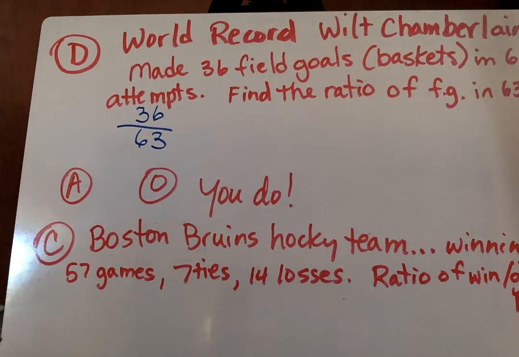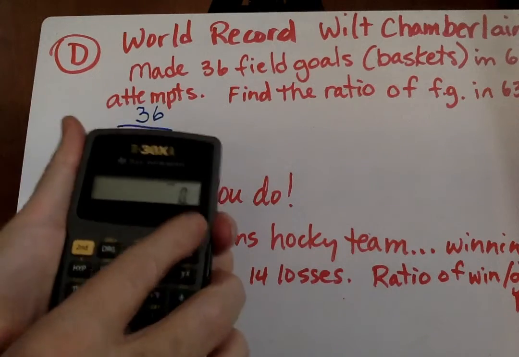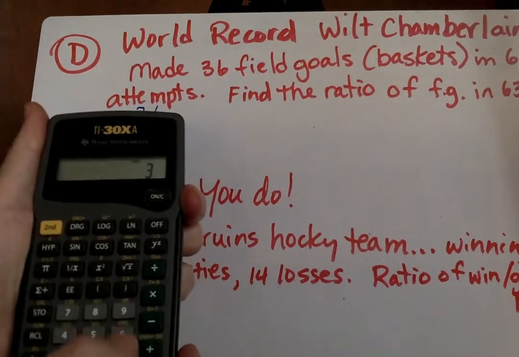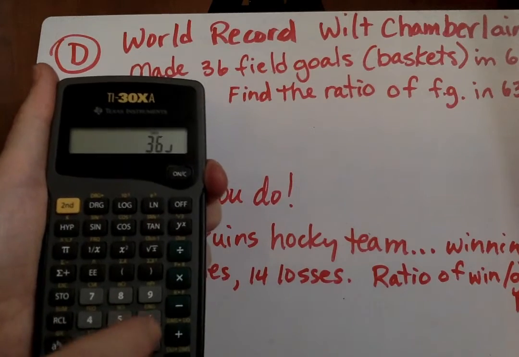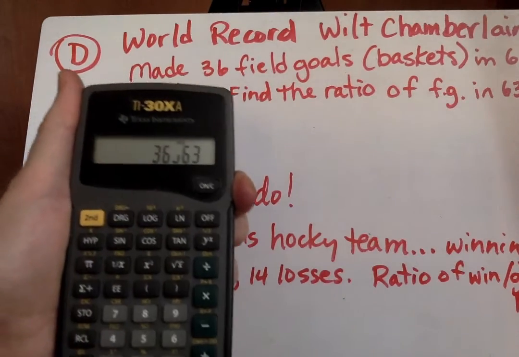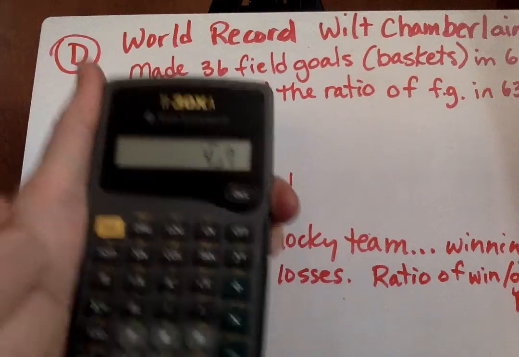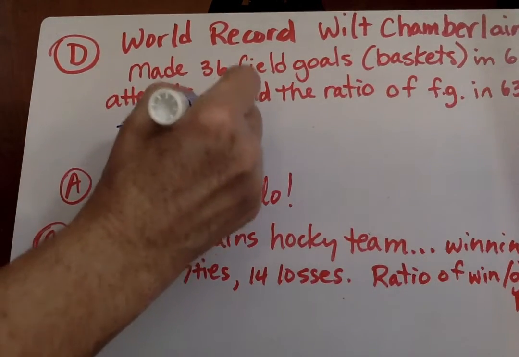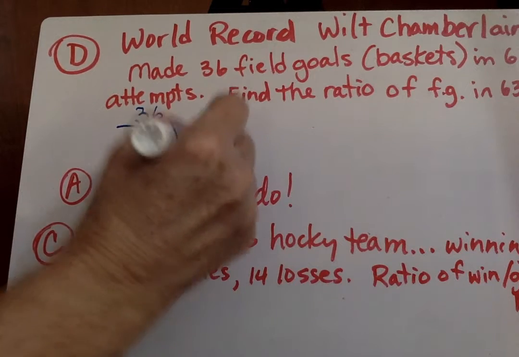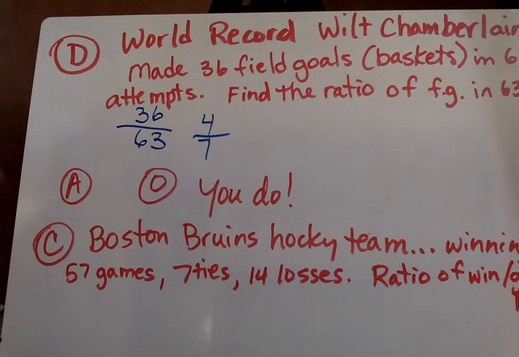Okay. So then I just put it in here, 36 over 63, and I could do divide, but I'm going to keep it in fractions so that it'll simplify it for me in fraction form. 4/7. So then I find 4/7 to the right, and I'll let you figure that one on your own. I'll let you do A and O.